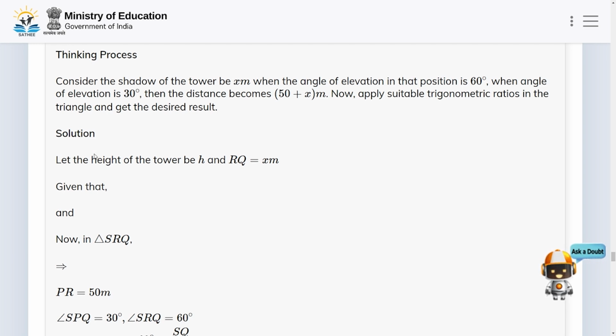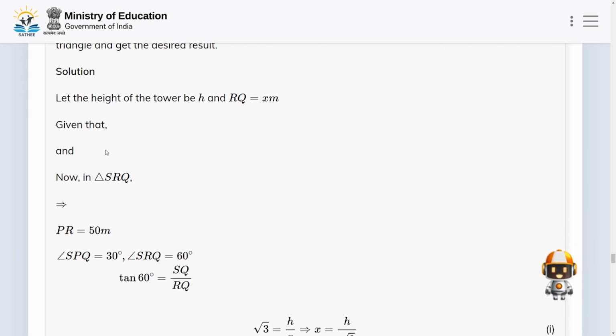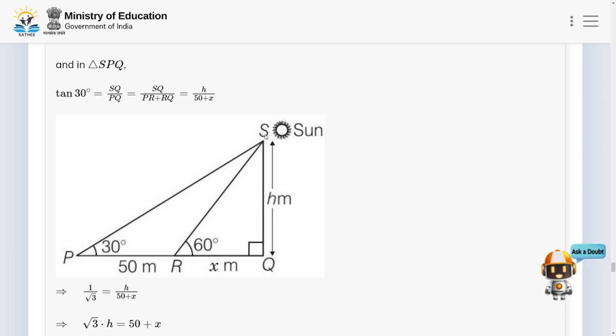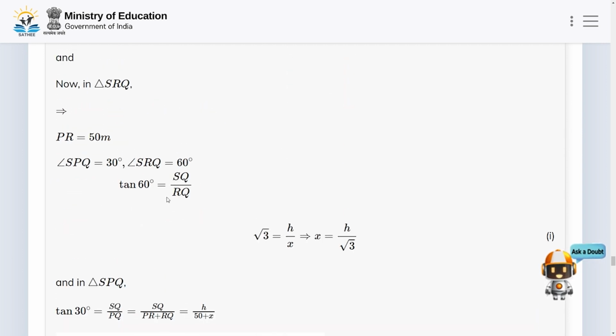Let the height of the tower be h and RQ equal to x meters. In triangle SRQ, PR is equal to 50 meters, angle SPQ is 30 degrees, and angle SRQ is 60 degrees.